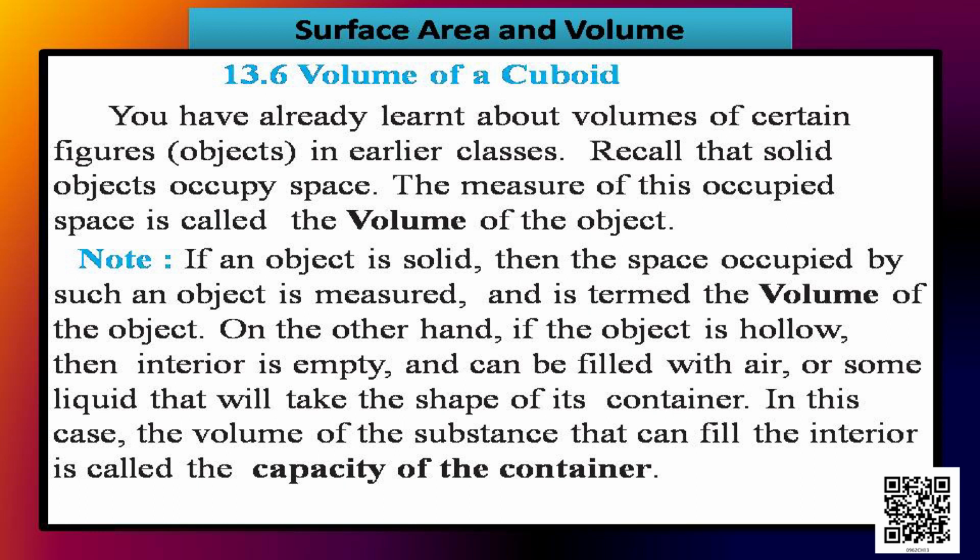If an object is solid, then the space occupied by such an object is measured and is termed the volume of the object. On the other hand, if the object is hollow, then the interior is empty and can be filled with air or some liquids that will take the shape of its container.